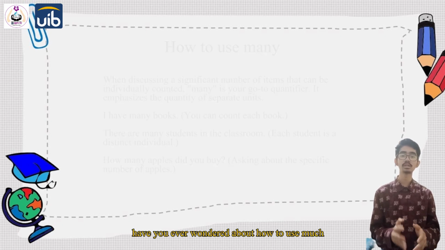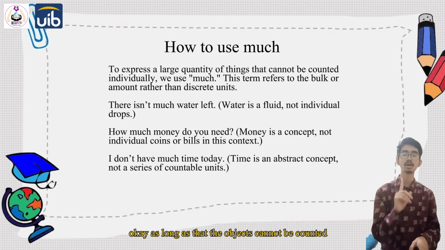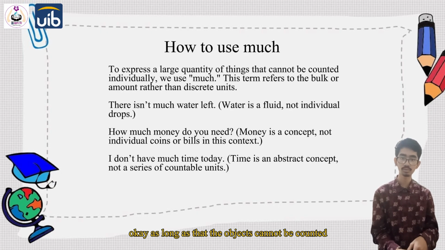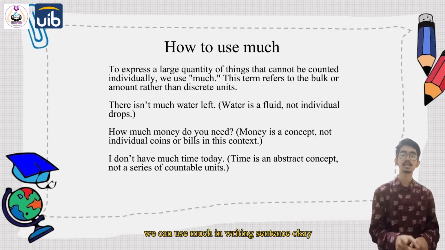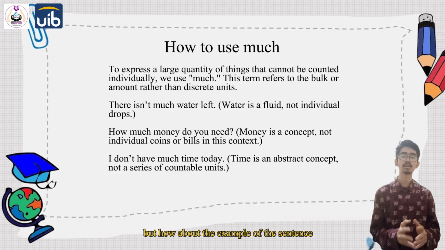Now let's move along to much. As long as the objects cannot be counted, we can use much when writing a sentence. So everyone already understands how to use much and many. But how about example sentences?